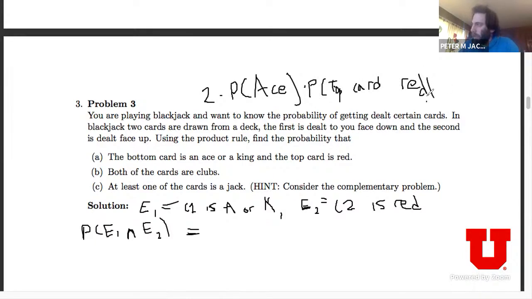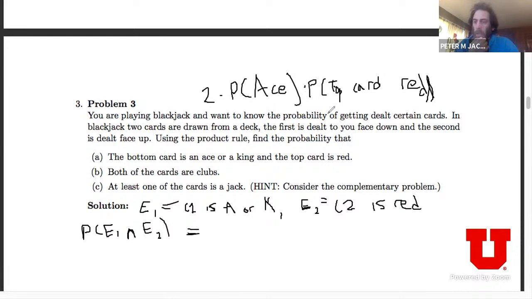Okay, so this is a good start. The thing is that these are not independent events. So it's hard to know the probability that the top card is going to be red if we don't know what the color of the first card was.